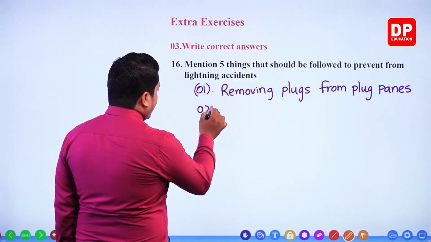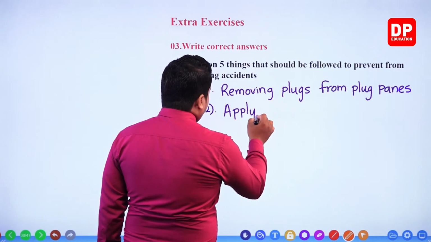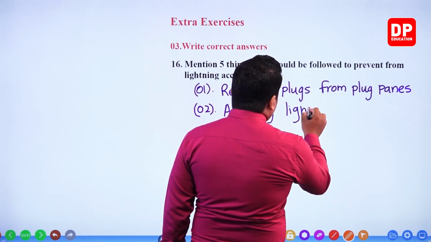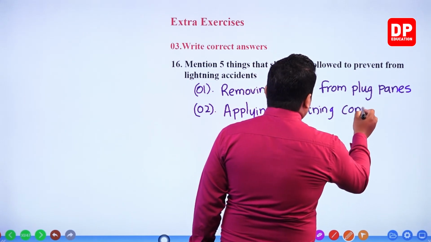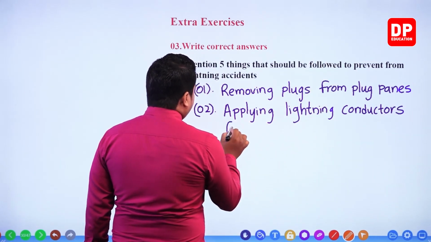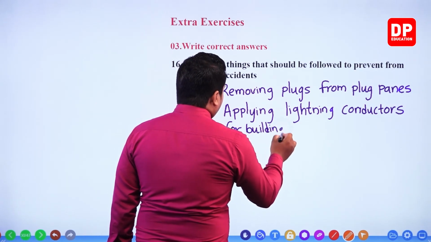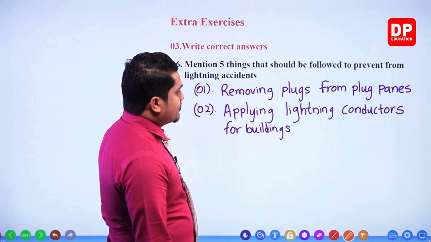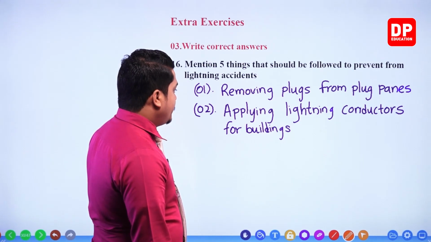Number 2, applying lightning conductors for buildings. Right, so removing plugs from plug pins, applying lightning conductors for buildings.